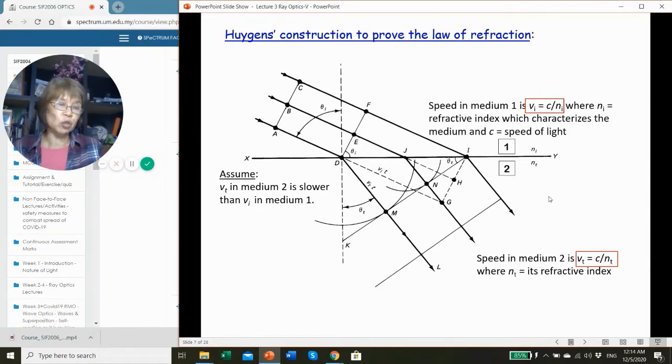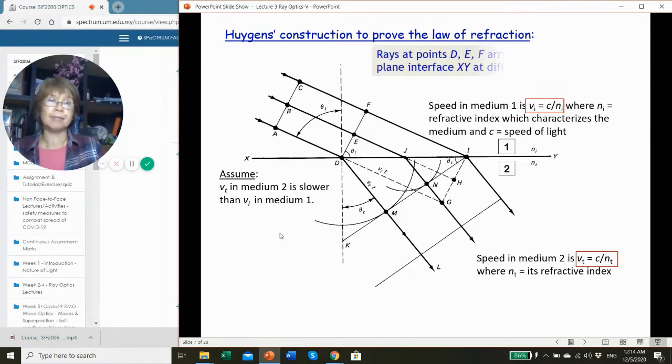And for medium 2, we have a speed Vt, which is equal to c over Nt, where Nt is the refractive index of medium 2. And we are assuming that Vt in medium 2 is slower than the speed of light in medium 1. So Vt is smaller than Vi.